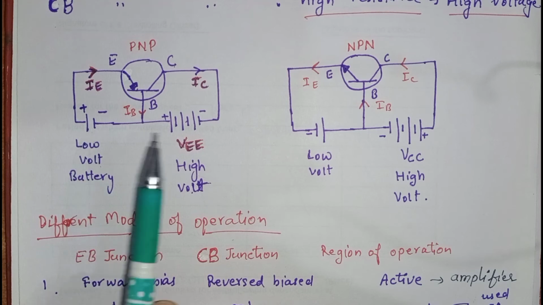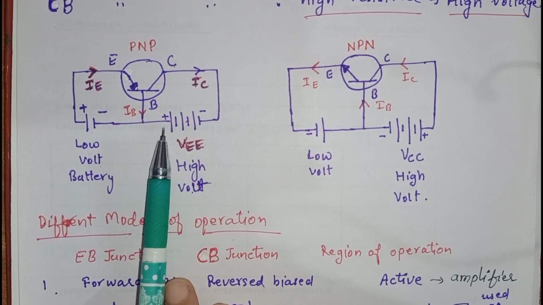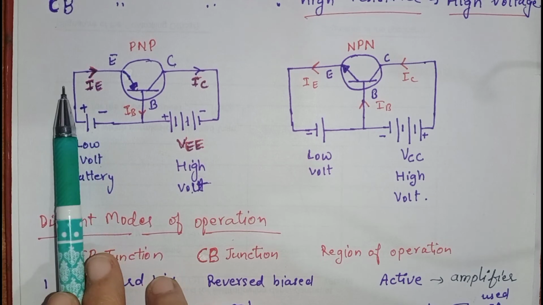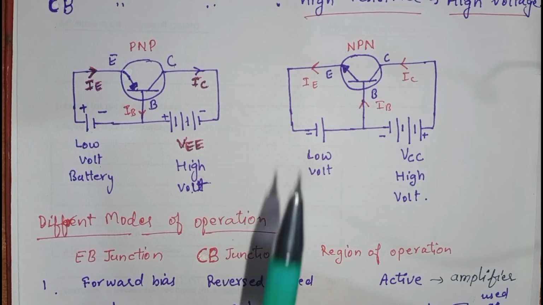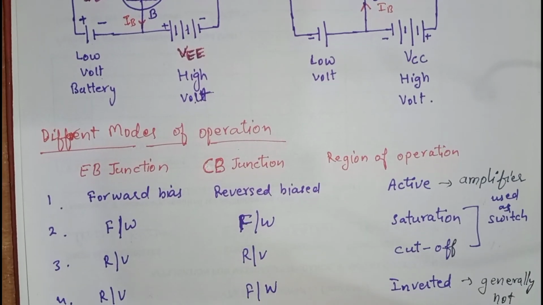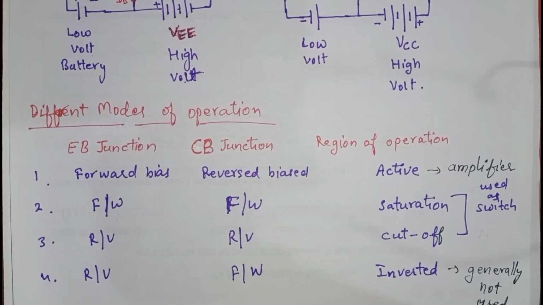Here it is forward bias and it is reverse bias. Now it is working as an amplifier. We apply a weak signal here and get a strong signal at the output side. So transistor can be used as an amplifier by using this biasing.